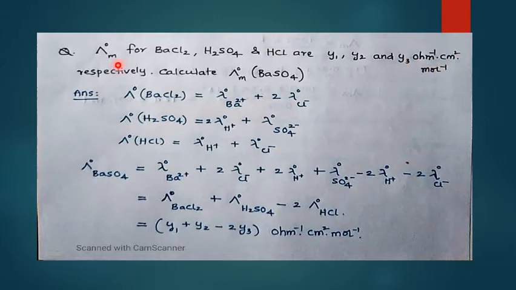It is molar conductivity at infinite dilution, so the unit is ohm inverse centimeter square mole inverse. If it is equivalent conductivity, then it is equivalent inverse. Whatever it may be, calculate lambda m naught for BaSO4. Same procedure as what we have discussed earlier.